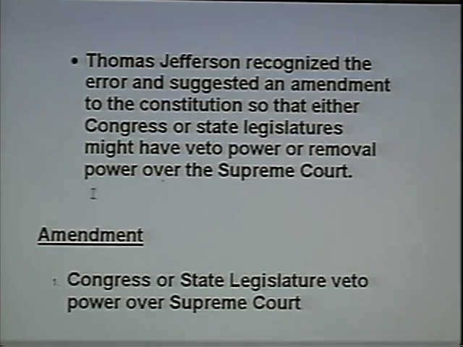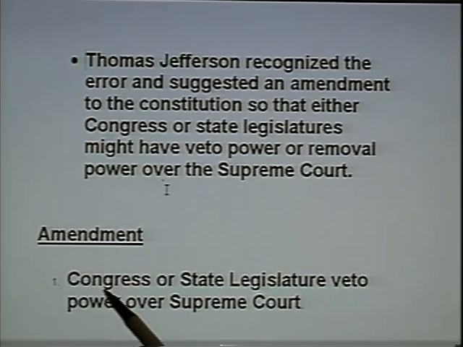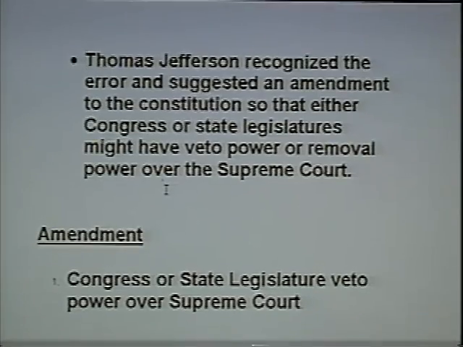So what is needed is a constitutional amendment where Congress or state legislatures have veto power over the Supreme Court, particularly where they overstep their bounds in regards to interpretation of the Constitution and federal law.